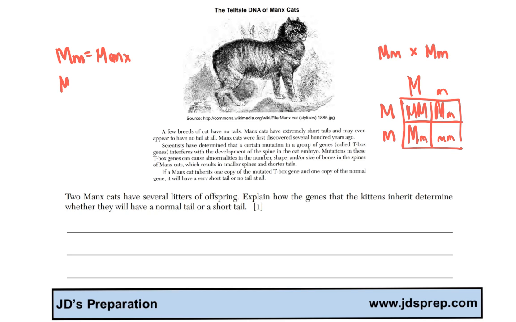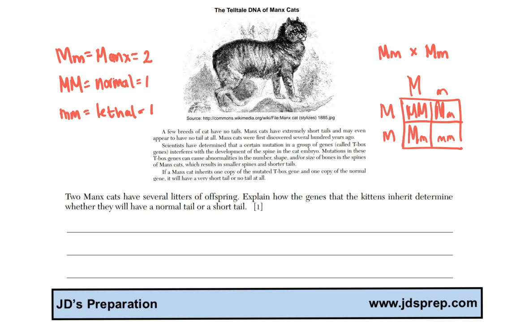So big M will represent, we'll call it normal length tail, and little m is lethal, as stated in the description. Here we can see that in this Punnett square there would be two Manx cats produced, one normal cat, and one of them wouldn't make it to birth.